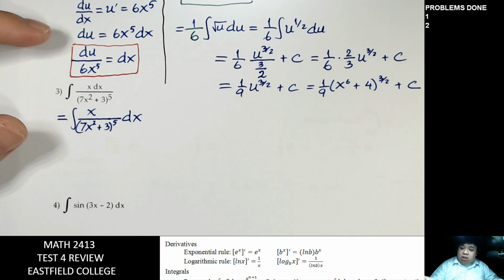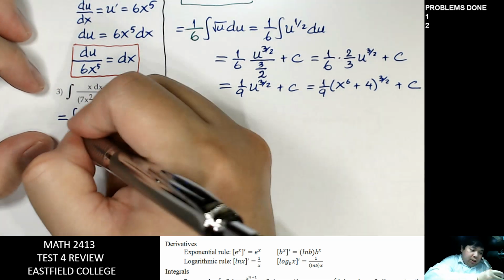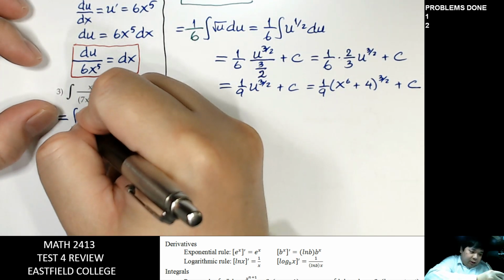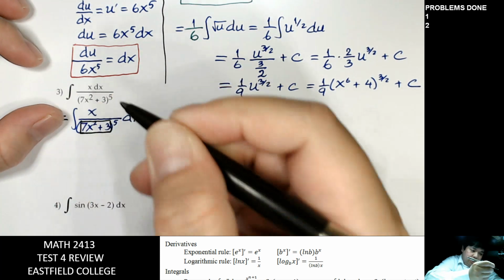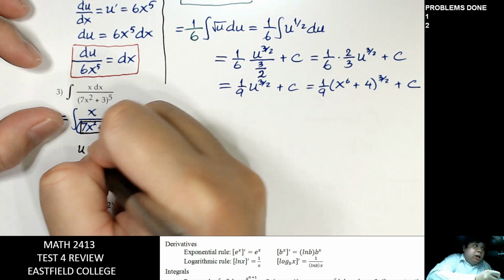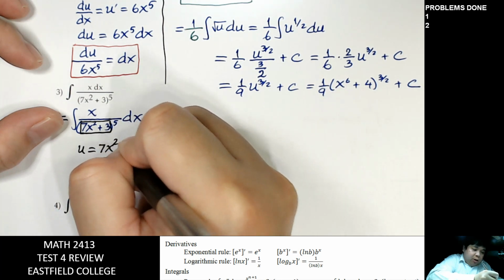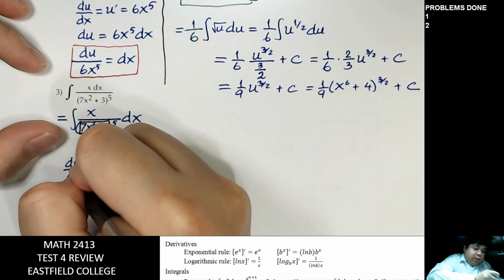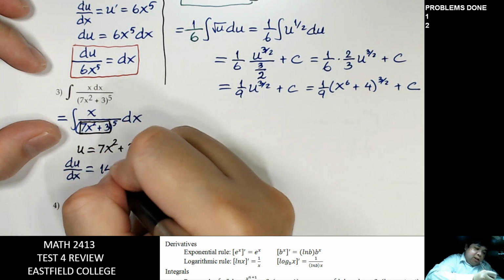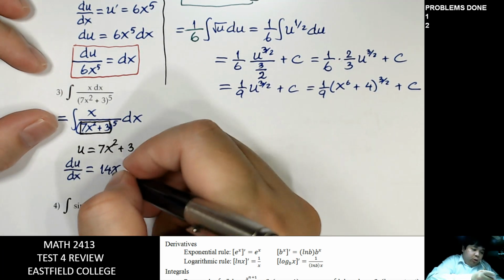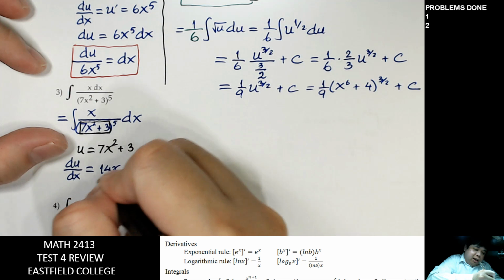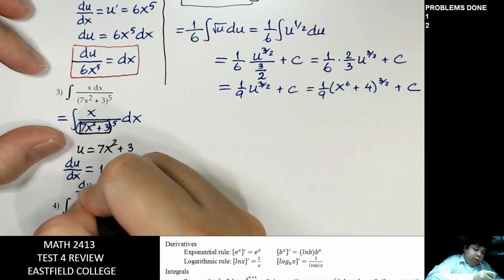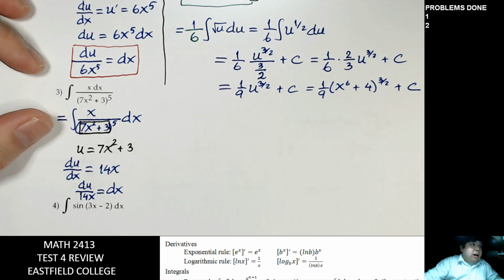Right, and then the substitution will be the same. So we have u equal to 7x squared plus 3, du over dx, the derivative, 14x, and move the dx over, and finally we will have dx equal to du over 14x.